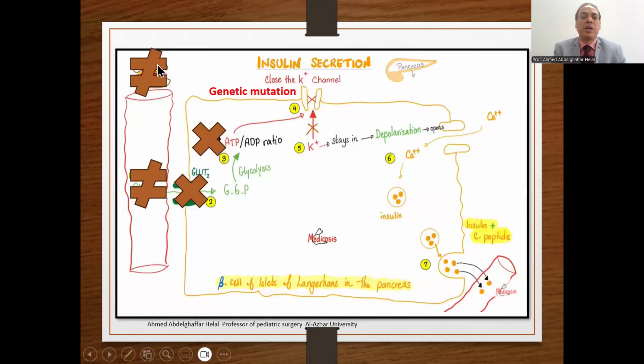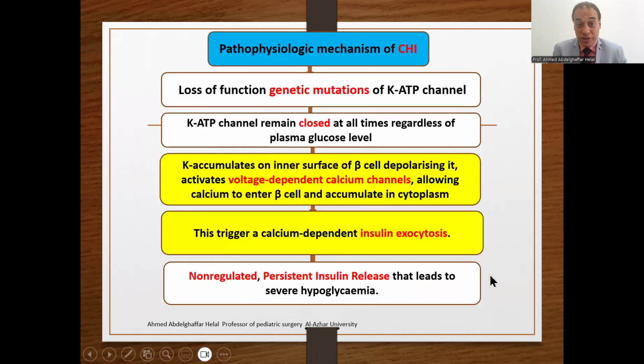Let's see what happened here. No carbohydrates, no increase in the glucose, no glucose entering the cells. However, this channel is still closed, genetic mutation here, and the depolarization is present, calcium enters, and the insulin is released to the circulation. So the pathophysiological mechanism of congenital hyperinsulinism is a loss of function due to genetic mutation affecting the two genes encoding the potassium ATP channels.